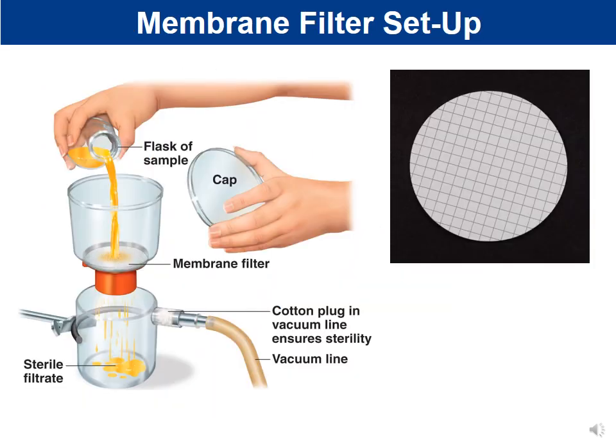So what we would be doing in this experiment is that we would be taking our water sample and we would be passing it through a filter. So this is kind of an overview of the setup. Obviously, if we're testing water, it's not going to look this color. But the idea in this case is that you would take whatever water sample. So normally we would have you guys bring in water.